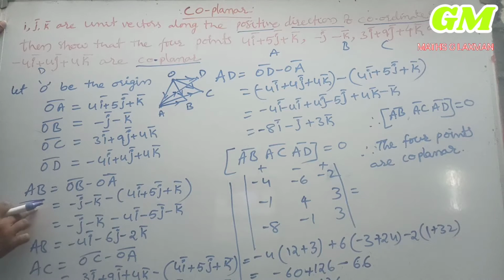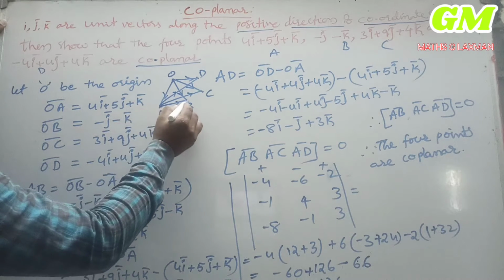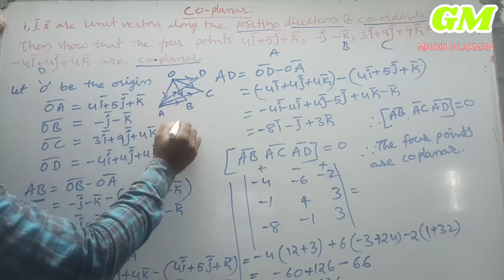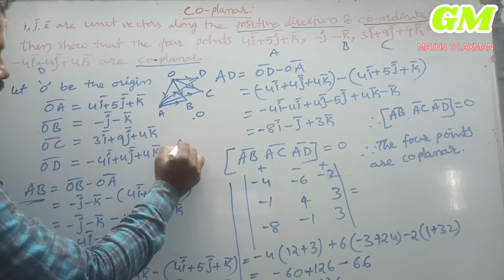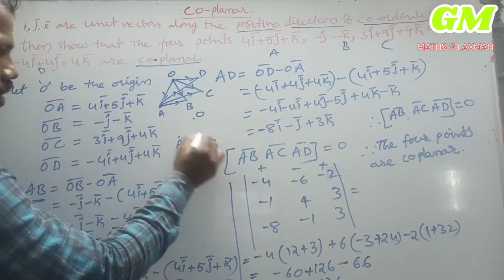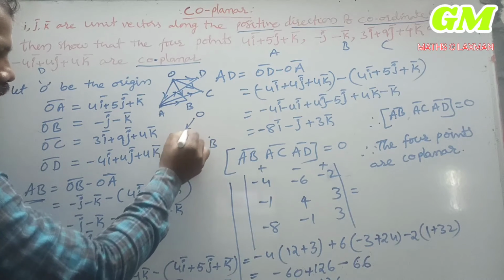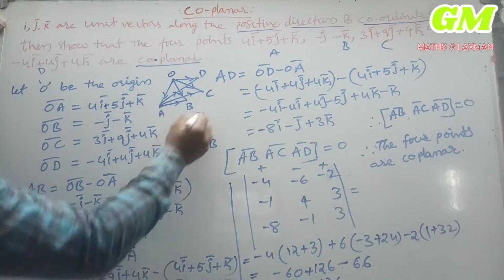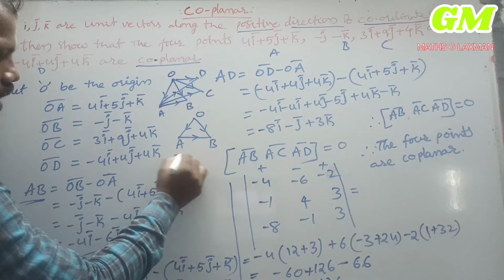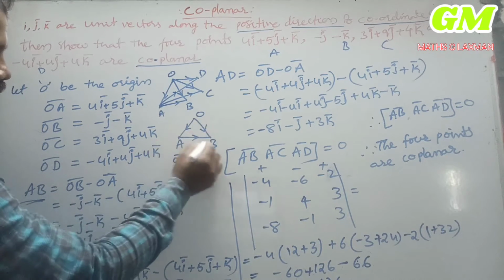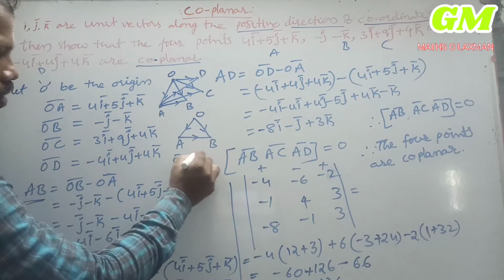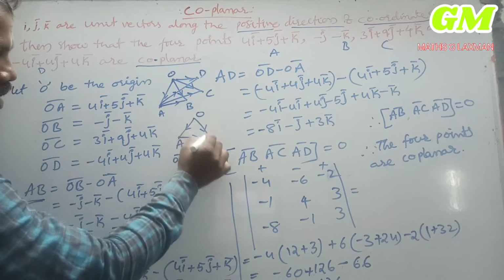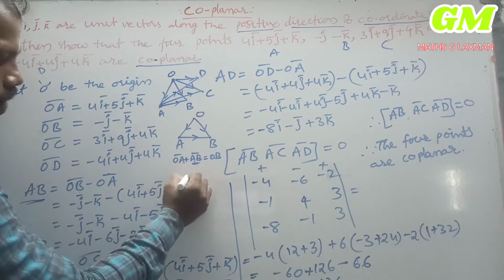To find AB, we have to subtract. The resulting vector: this is O, this is A and this is B. So OA, AB, OB. As per the vector formula, OA plus AB is equal to OB, the resulting vector. So we need to find AB.